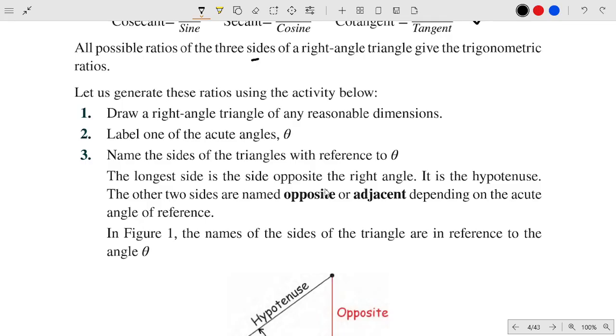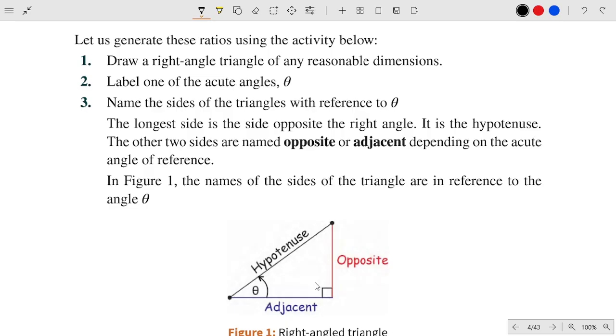So we are going to draw a right angle triangle. We said a right angle triangle is a type of triangle with one of its angles measuring exactly 90 degrees. Now this angle here is 90 degrees. Now we have an angle here named theta.